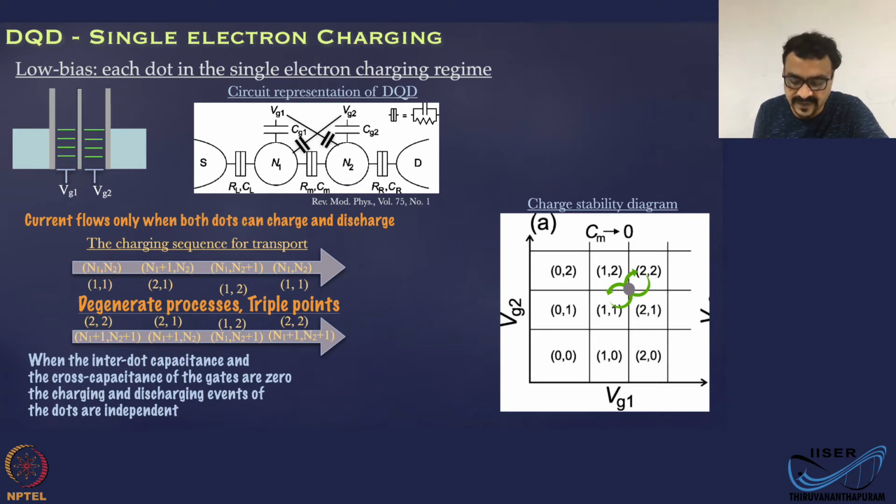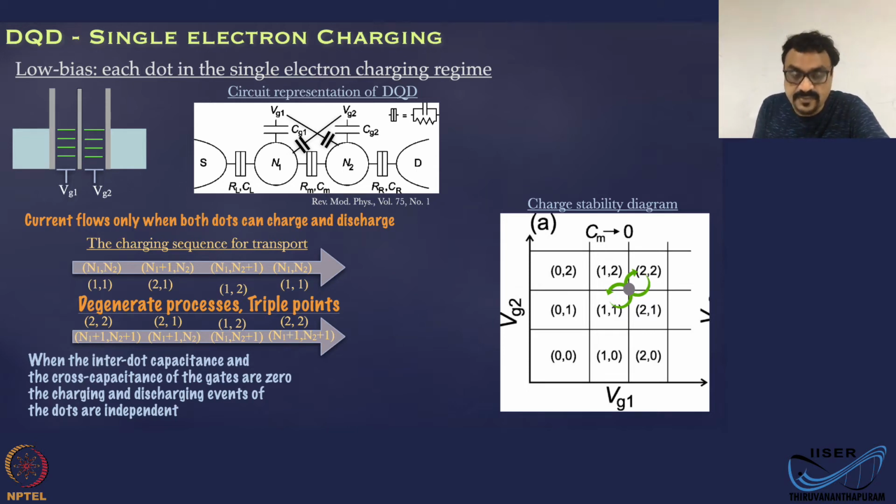Then this is the sequence of how the charge state is going to change when the transport happens. You add one electron to this dot, n1 plus 1, assuming that dot can take the extra charge, or that dot is in an energy state where n1 plus 1 and n1 are degenerate.